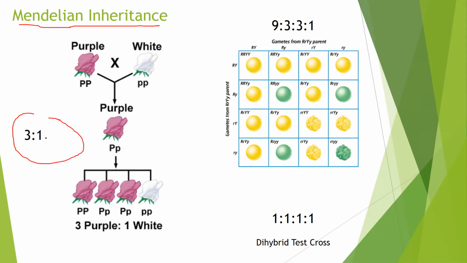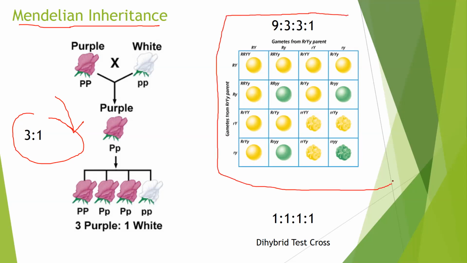So this ratio is for a single gene, right? We have talked about this. If we focus on just one gene, a single phenotype, this gives us a classic 3-to-1 ratio for the monohybrid cross. All right, now if we study 2 genes, and if these 2 genes are independent, again, what does independent mean?